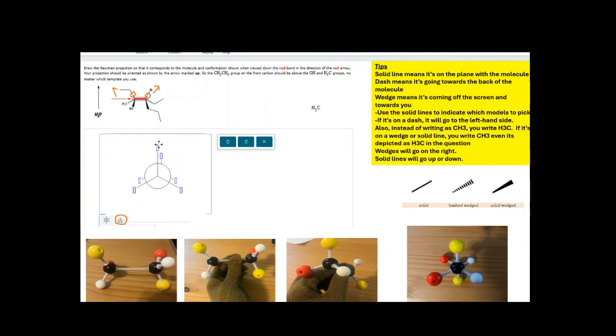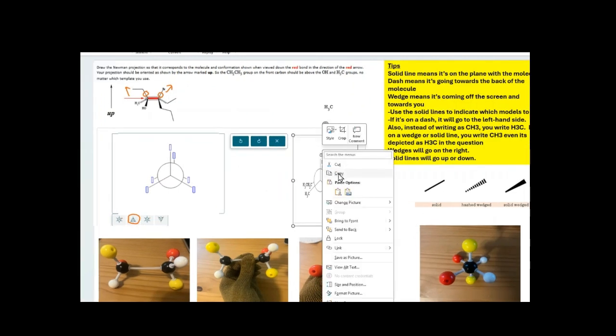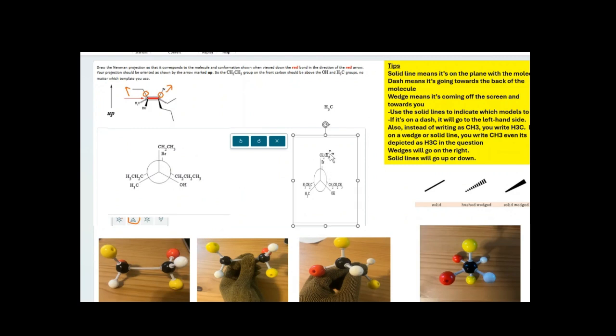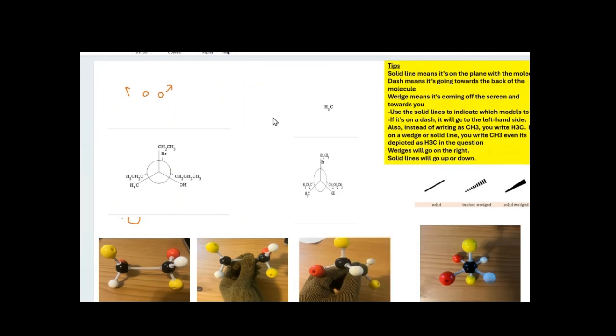And I'm just going to paste it on this time for the sake of time with this one. So we're going to paste this on, and I'll quickly explain everything. What you want to do here is just follow the same rules that I mentioned before. So if it's on the dash, in this case, you've got one that's on the dash here, this CH2, CH3 that's on the dash, you want to make sure that you put those on the left-hand side.